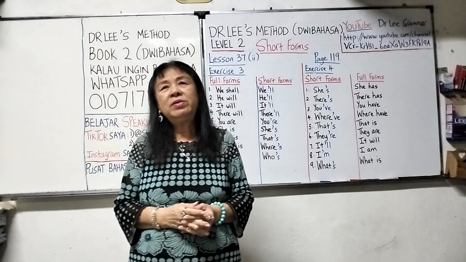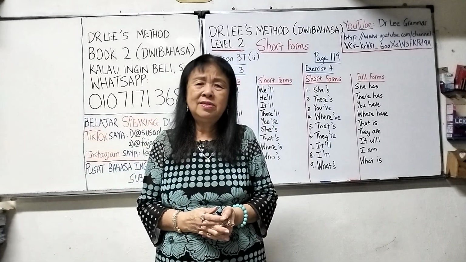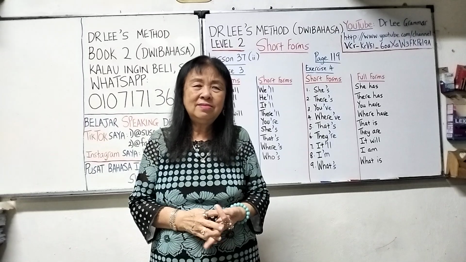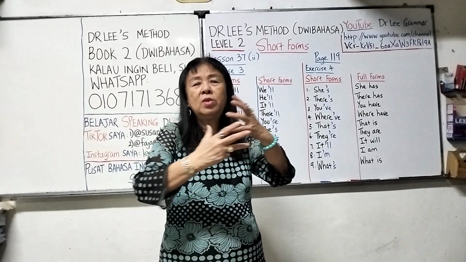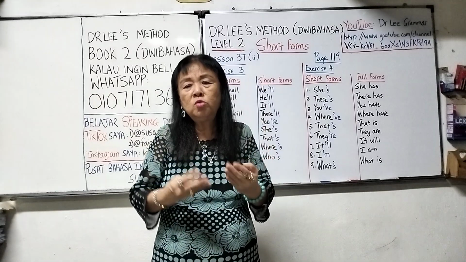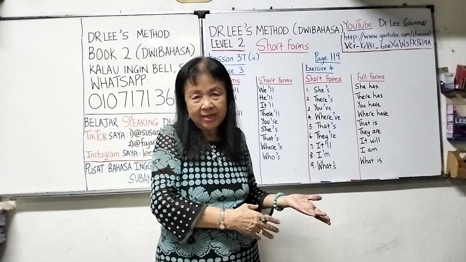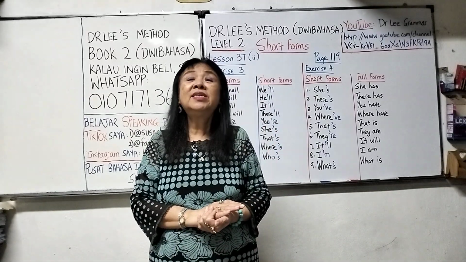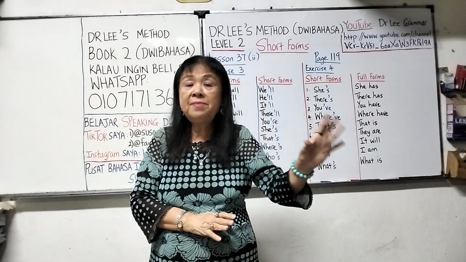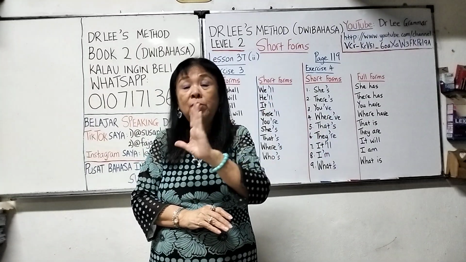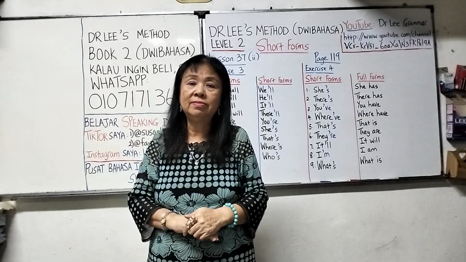So you might be wondering, why is this so? Why is it that level 1, all 38 lessons or topics, go to level 2? And why level 2, 40 topics go to level 3? The reason is very, very simple. What you learn in primary school does not mean that when you reach secondary school, you need not learn.